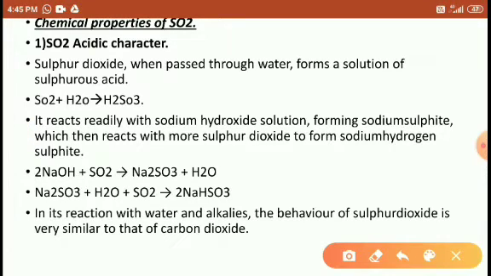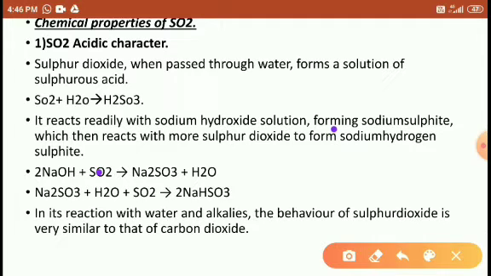Chemical property. Sulfur dioxide acts with acidic character. Sulfur dioxide when passed in water forms sulfurous acid, H2SO3. It reacts easily with sodium hydroxide solution forming sodium sulfite.